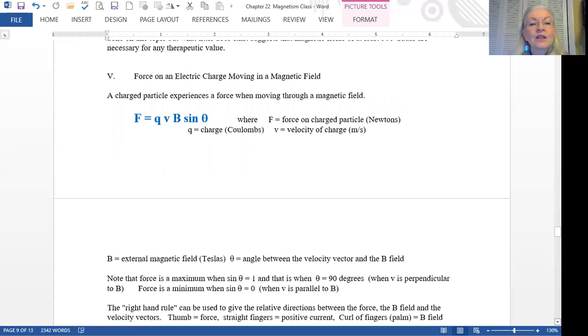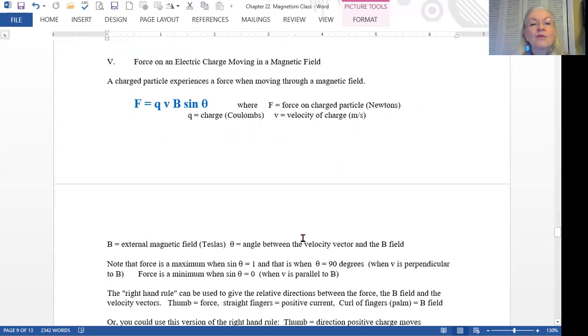So let's look at the force on an electric charge moving in a magnetic field. Remember before we had F equals BIL sine theta, where I was the current and L was the length of the wire. Suppose you don't have a wire. Suppose we just have a little zippy electron out there moving around.